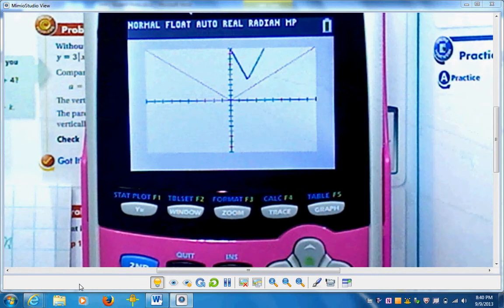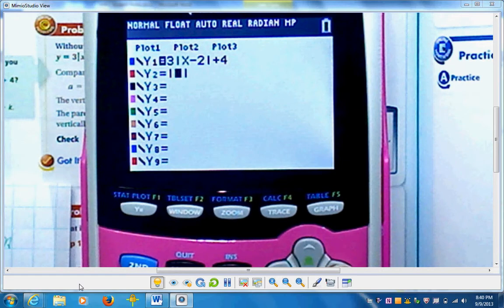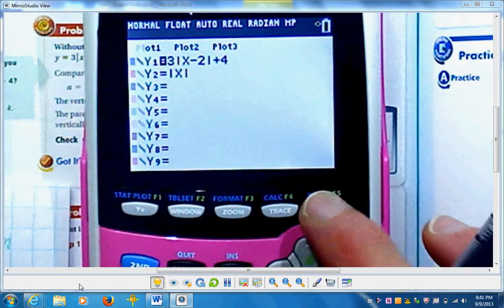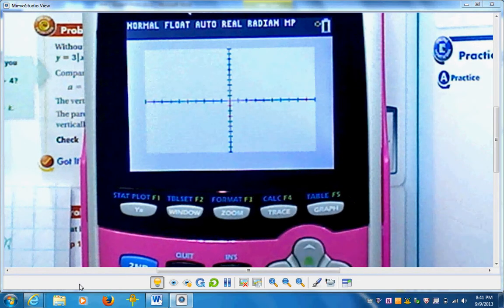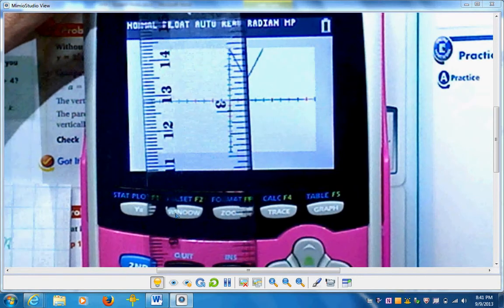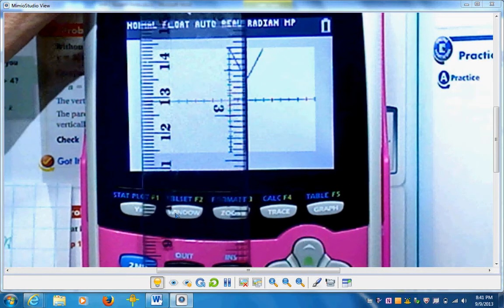Now, we're talking about axis of symmetry. So let me go ahead and turn off the parent. I can go back to y2 on that equal sign and turn that box off by just pushing enter. Okay, so you see how this is no longer highlighted? So that means when I graph it, it's not going to show. So let's talk about the axis of symmetry. If I take my ruler and cut that right in the middle this way, that would be the line.